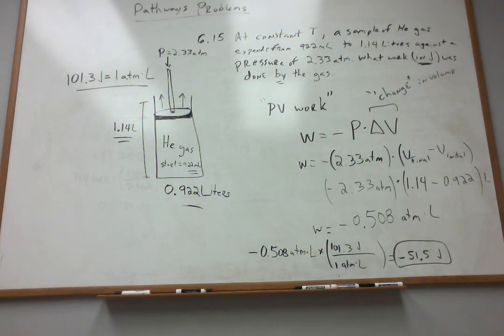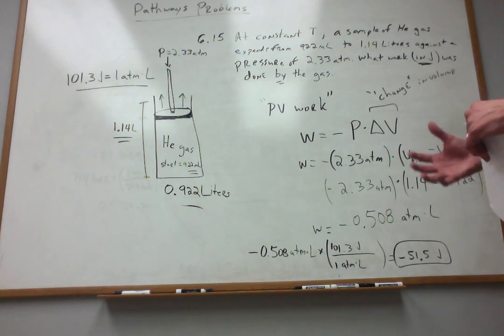Now notice it's negative here. Remember the sign conventions. That's important for this chapter, very, very important in chapter 6. Does that negative sign make sense based on how we define negatives and positives for energy flows into and out of our system and into the surroundings? Remember, if work is done by the system, we should have a negative sign associated with that.